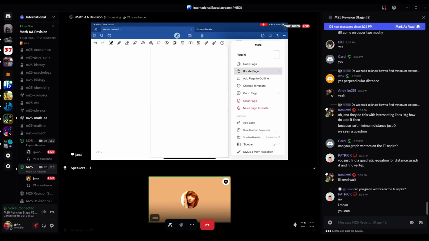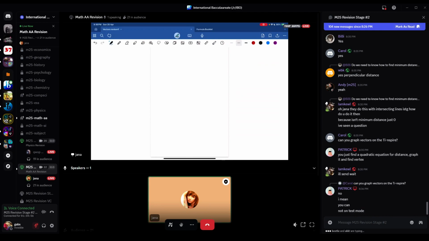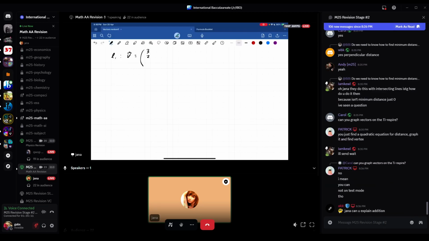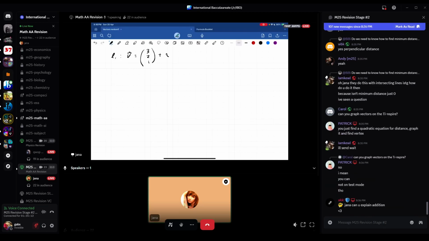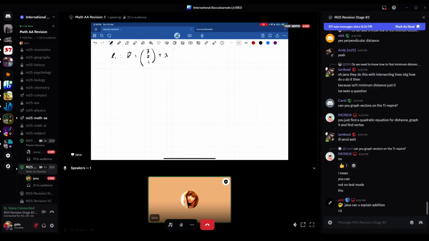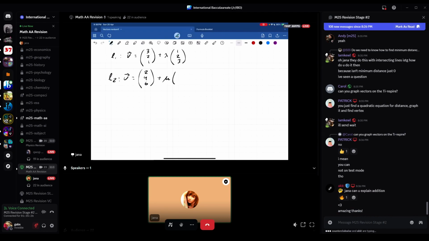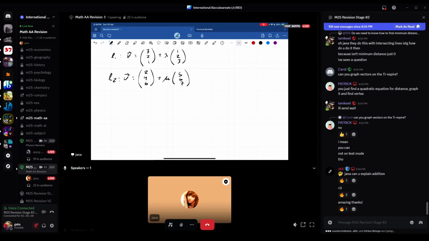Anyway, as a general rule of thumb, for any question with a minimum distance, even if you have 2 lines, let's say you have a line L1 is r equals 1, 2, 3, and L2 r equals 2, 4, 6 plus mu into 5, 6, 7, whatever.